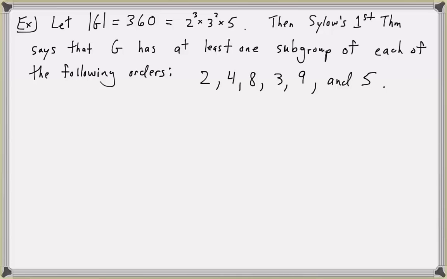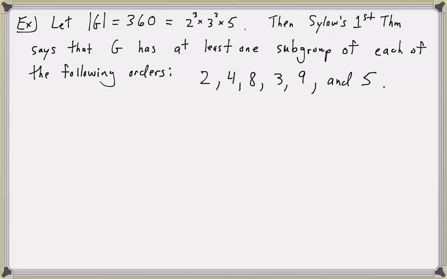So there are some limitations, right? This doesn't say anything about subgroups of order 6 or order 10 when you take a factor of 360 that's not a prime power. But it is still a powerful theorem, and we know at least that there are these subgroups of this group G. Another example of the usefulness of Sylow's first theorem is the proof of the next result.